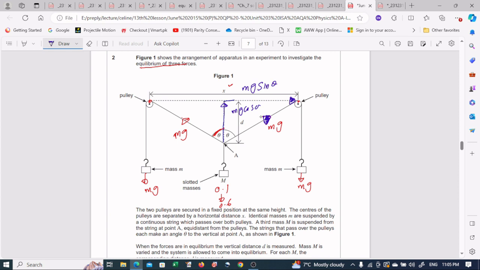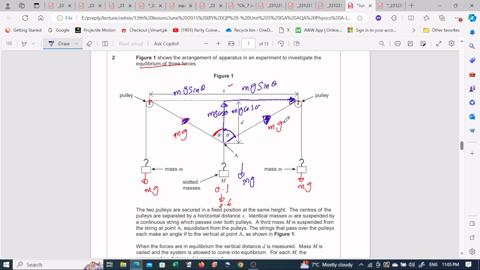This is the cosine component, this is the sine component. How is this the sine component? Because in front of the angle we have the sine component; the side bisecting this angle theta is the cosine component. Similarly, this component is mg sin theta again, and the other component is mg cosine theta. These two cosine components are parallel and equal, they add up, and they are equal and opposite to the downward mass, capital Mg.